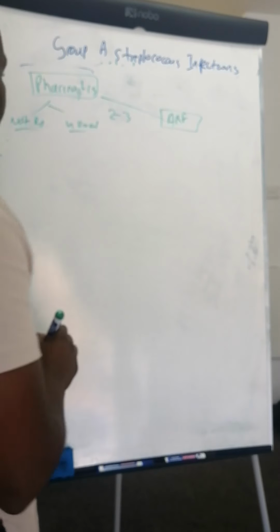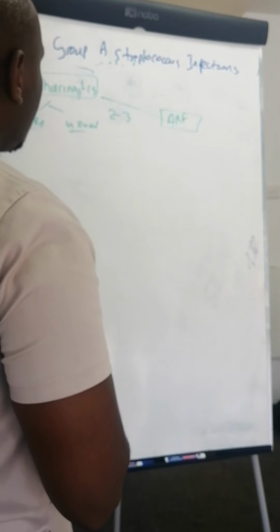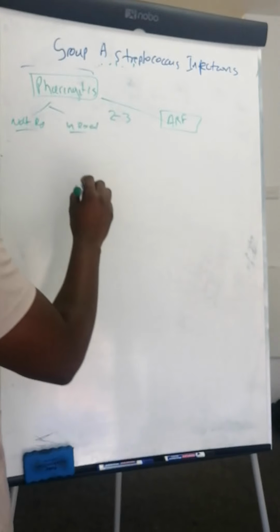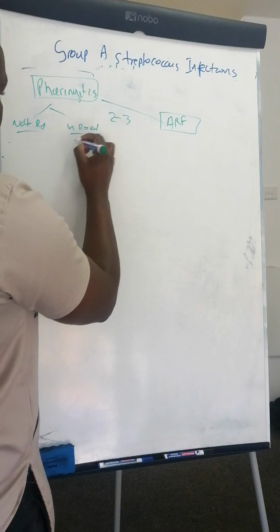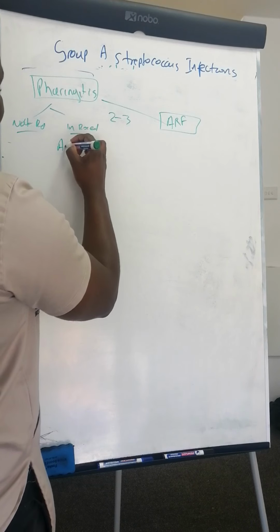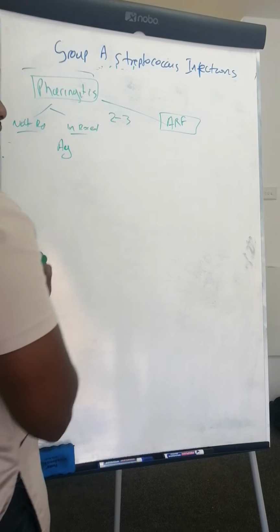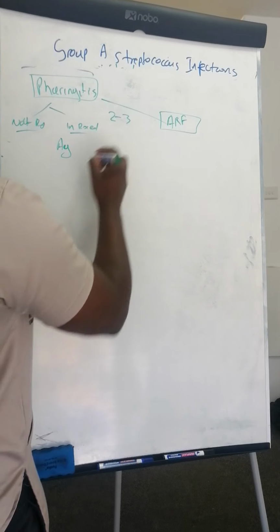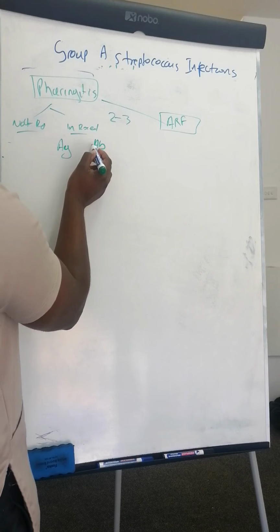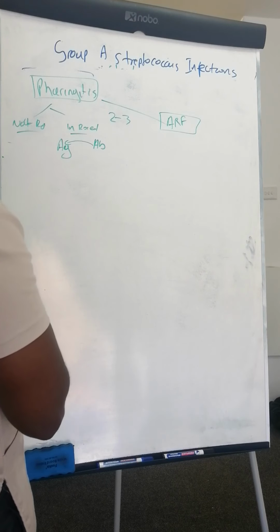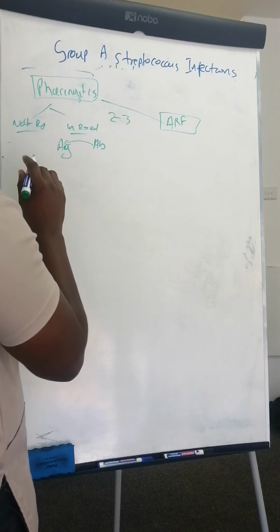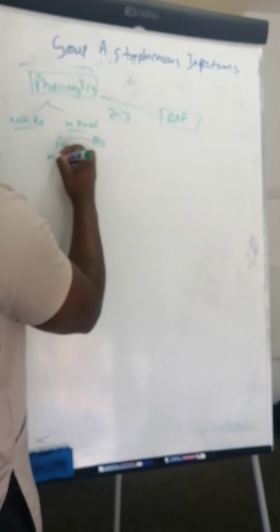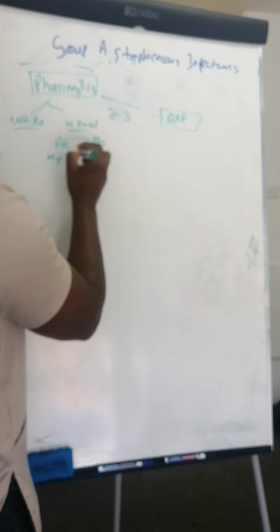So the body develops, so now you've got an antigen in the body. Now the body develops antibodies against that antigen. These antibodies are meant to attack this antigen, and the main thing they target there is the M protein in the bacterial cell wall.